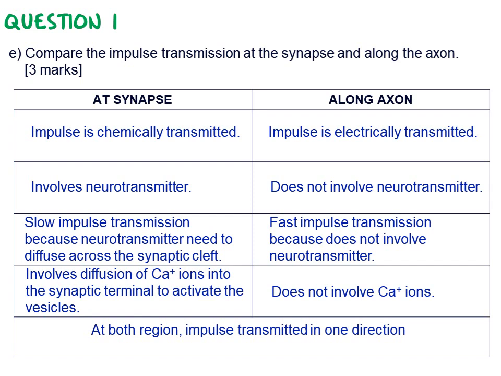At both regions, impulse is transmitted in one direction. Okay, and ada pilihan lain. We can mention also at synapse and along axon, both involve the diffusion of sodium ions to depolarize the membrane. Jadi satu markah untuk similarity, dua markah untuk differences.